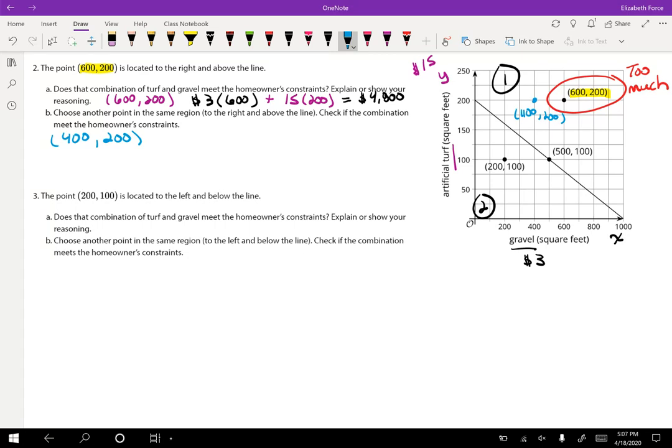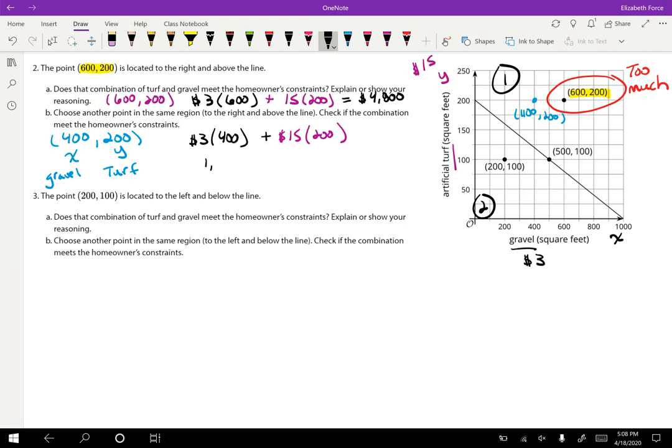Remember, x is gravel and y is turf. So let's do our numbers. It's $3 times 400 plus the $15 times 200.